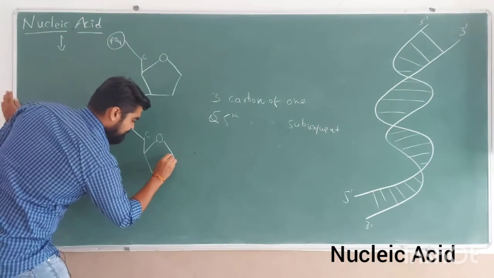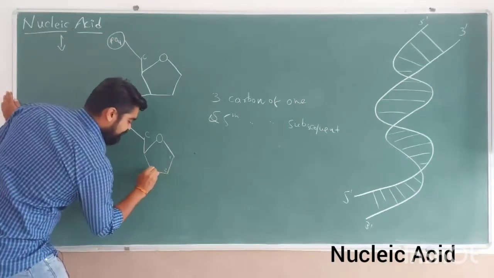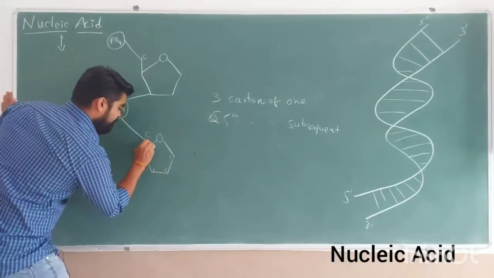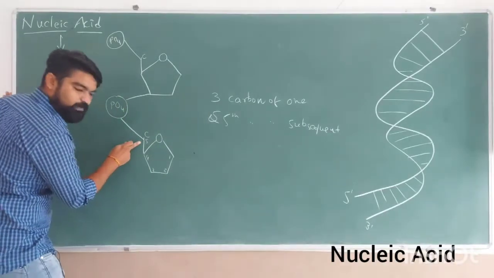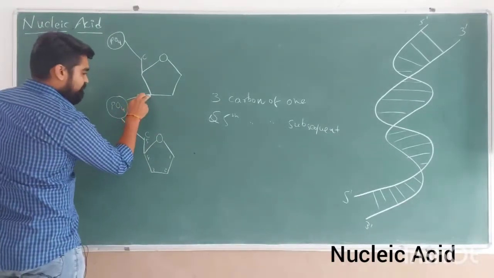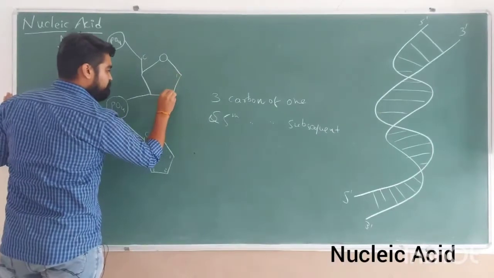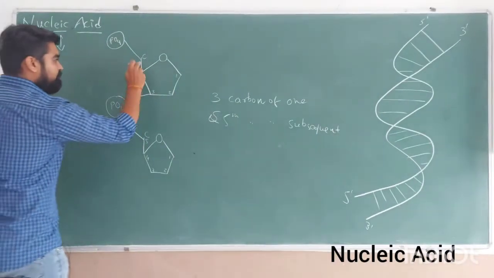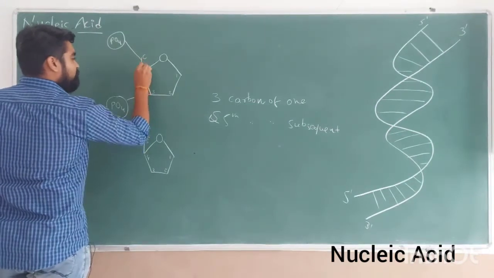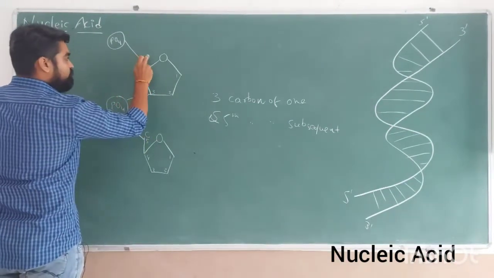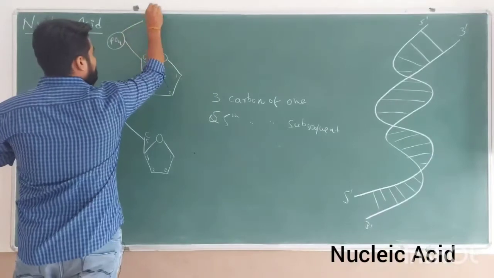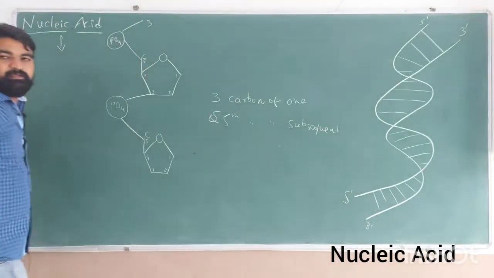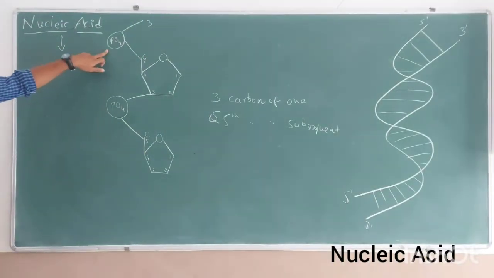The numbering is: this is the first carbon, second, third, fourth and fifth. So the fifth carbon of one sugar will bind with the third carbon, that is 1, 2, 3, of the subsequent ribose. Then 4 and this is 5. So this carbon will bind with the third carbon through phosphate.